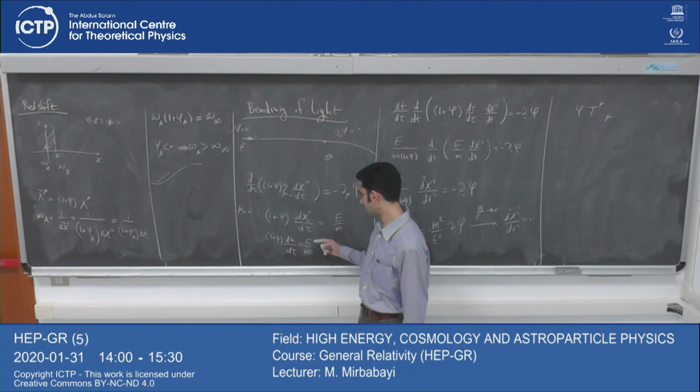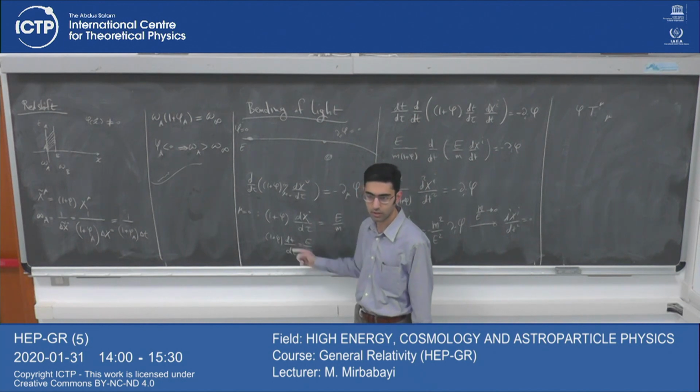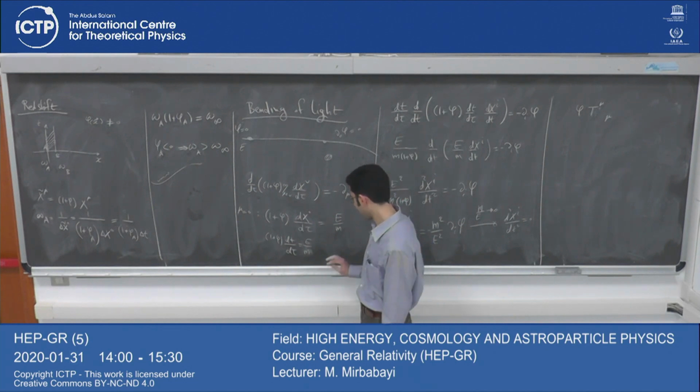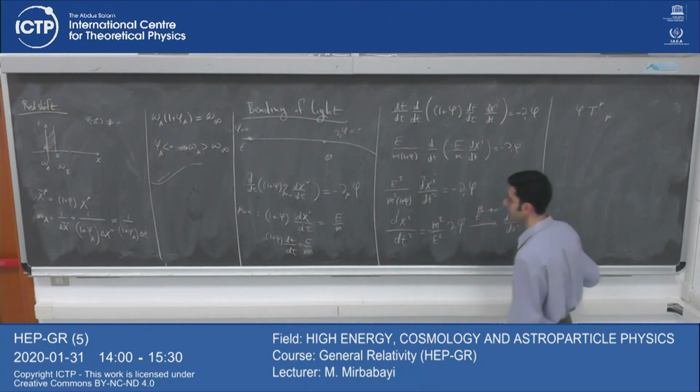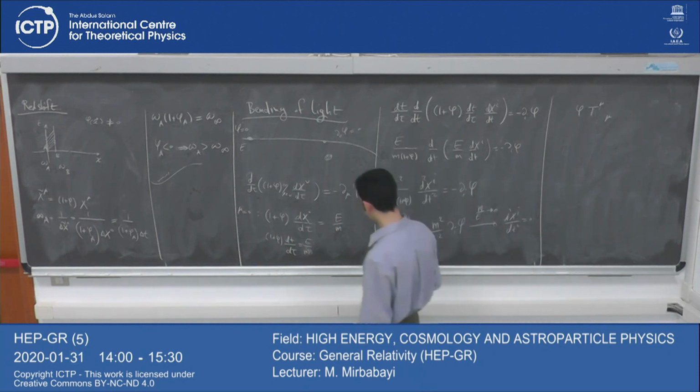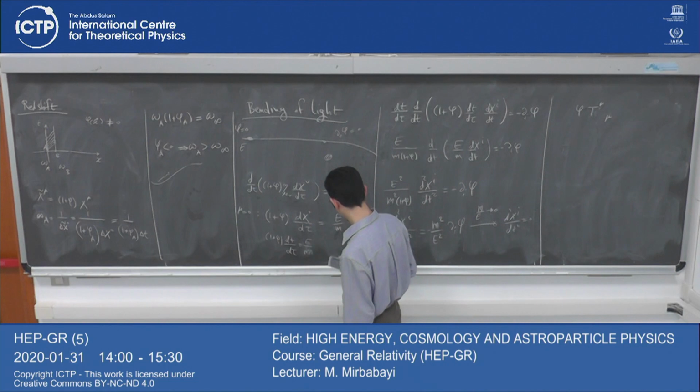And then we concluded that the energy which is conserved is equal to m times gamma. But now inside the gravitational field, the conserved quantity is this object. In other words, let me say this in a different way. If you are uncomfortable with this equation, let's see, can we do that? Maybe we should do that.